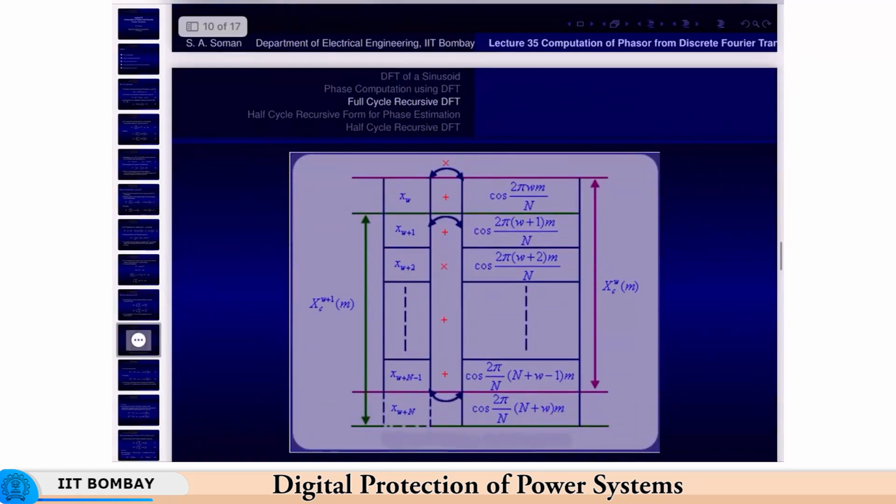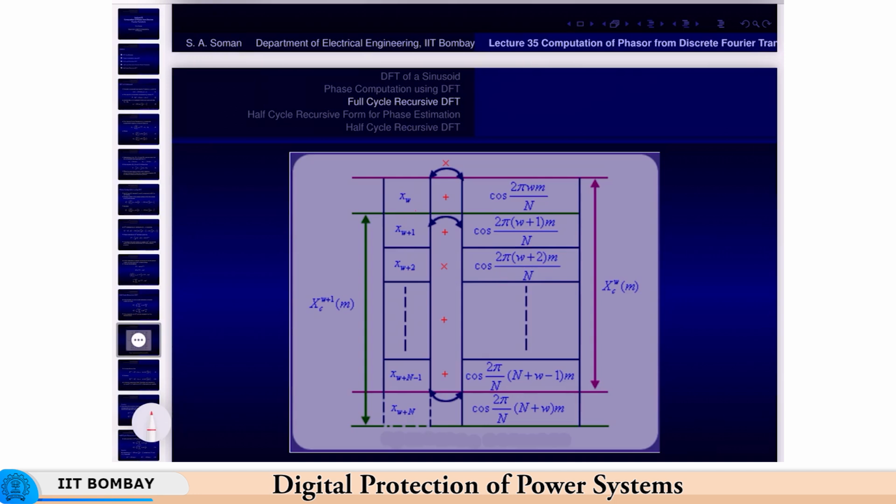So, you can better understand it with the help of a figure. We see here the difference between Xc of W, m, where m is just used to generalize because we are basically interested in m equal to 1, but just to generalize we have used m here, and you can see the same thing that we talked about. Okay. So, we have the difference between Xc W of m and Xc W plus 1 of m. I am dropping the index m just for convenience.